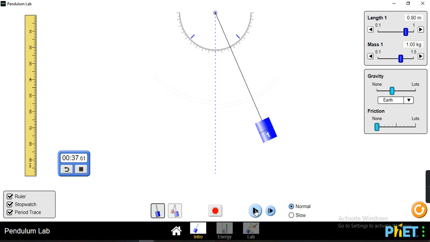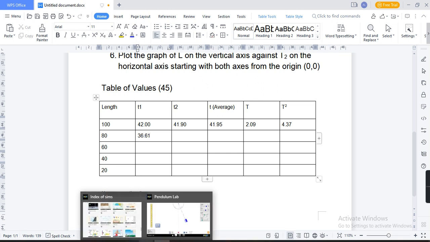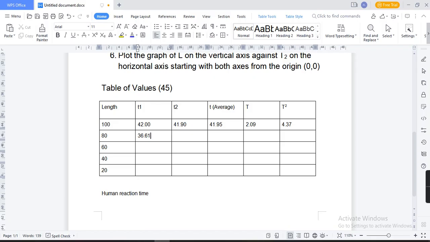I have 37.61 for my table for 20. Let me go back to my table. 37, actually 37.61. All right, no problem.